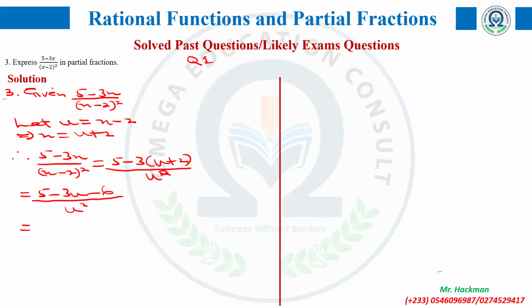I've told you. 5 minus 6, which is minus 1. Yes, because they are both negative. Very good. So minus 1 minus 3u all over u squared. That's the more reason why I didn't stop. So you get minus 1 over u squared, minus 3u over u squared. You simplify, then you go and substitute. All correct.